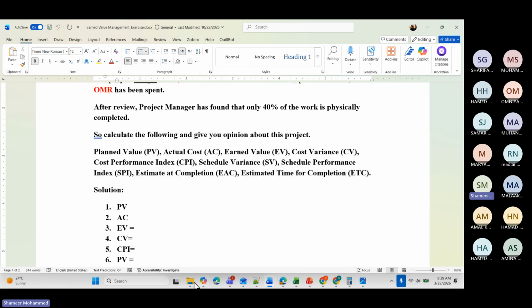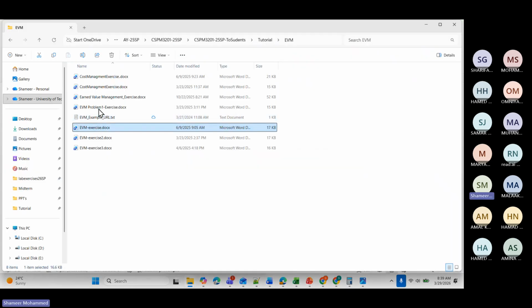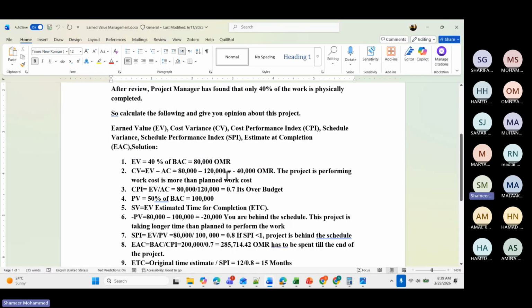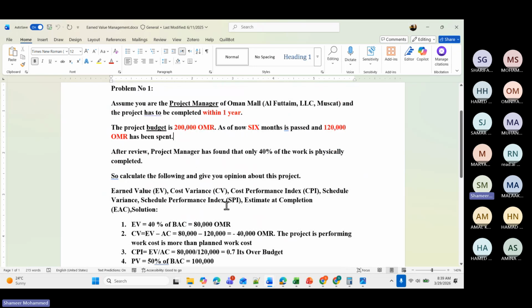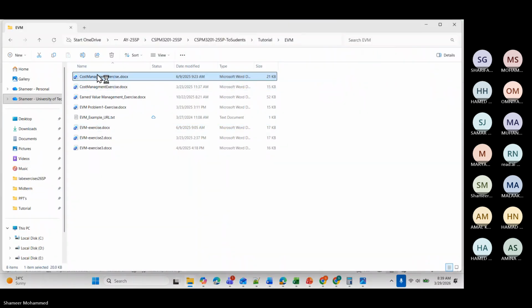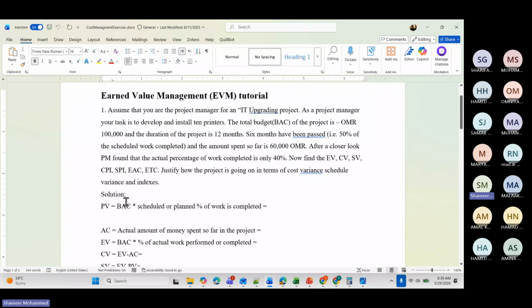For planned value, the formula is this. Earned value is equal to the formula.